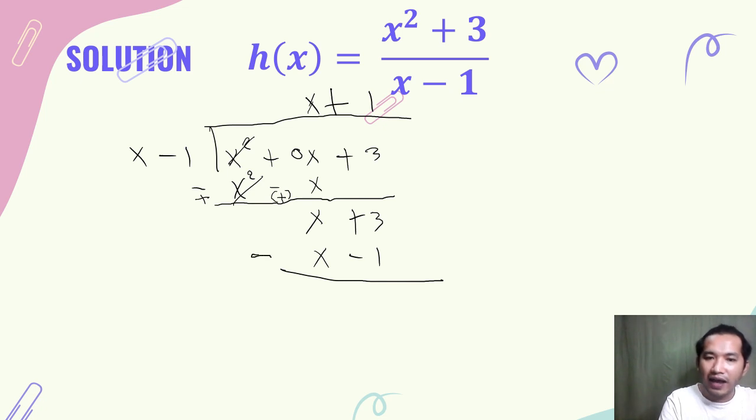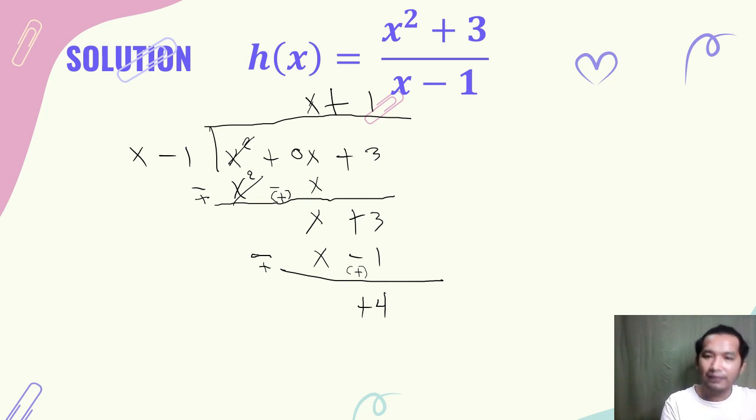So, subtract again. x minus x is 0x. Hindi na kailangan isulat. Okay? So, plus positive 3 minus negative 1. Magiging positive to. At yung process magiging addition. Positive 3 plus positive 1 is positive 4.